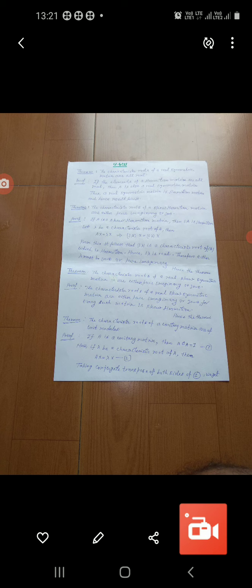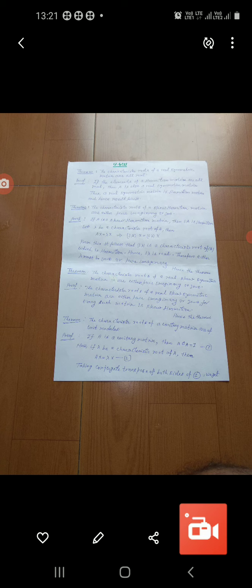Here we have the proof. The characteristic roots of a real skew symmetric matrix are either pure imaginary or zero, since every such matrix is a skew Hermitian matrix, and a skew Hermitian matrix has either pure imaginary or zero roots.